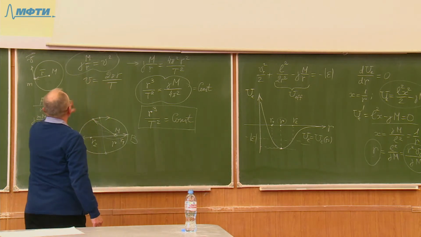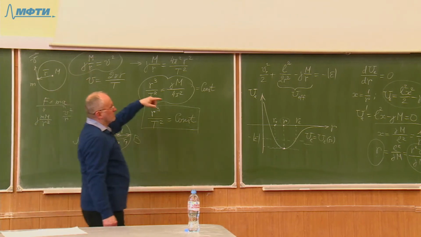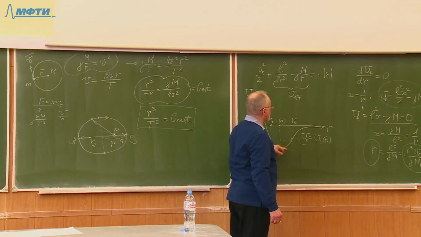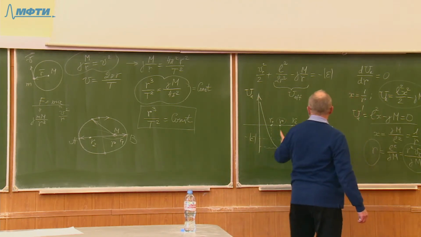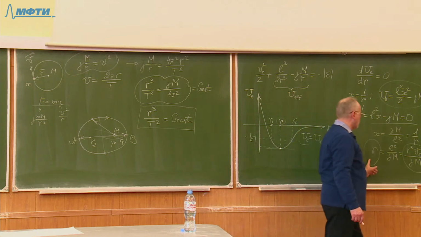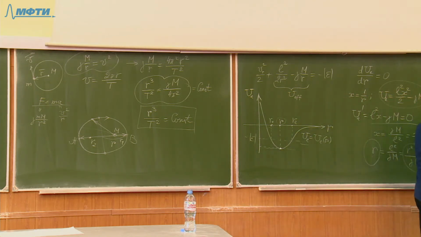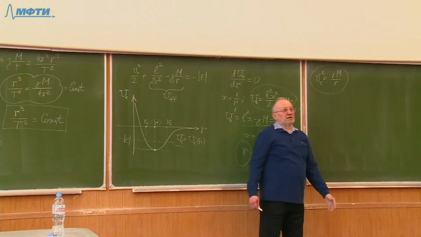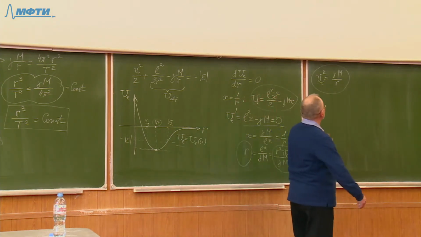So this one was obtained from Newton's second law, and this one was obtained from the effective gravitational potential, which we have differentiated and found the minimum of, and from the condition for the minimum we have found the relationship between the velocity and radius. Absolutely the same result obtained using a different method.